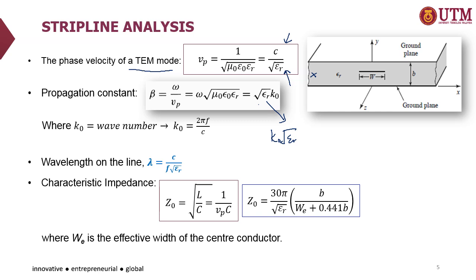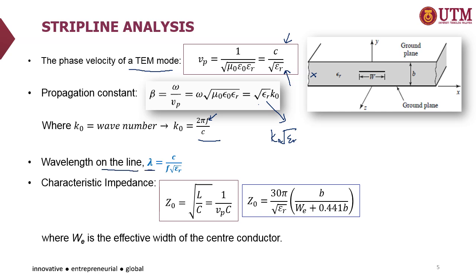So epsilon r, again, is the relative permittivity of the materials, and k naught is the wave number given by this equation, 2 pi f, the frequency of operation, divided by the speed of light, and the wavelength of the line equal to lambda.